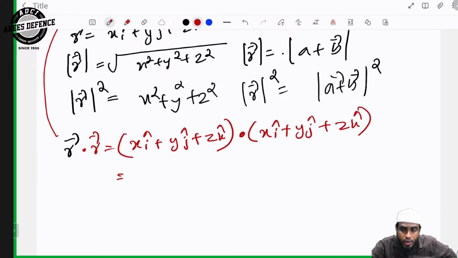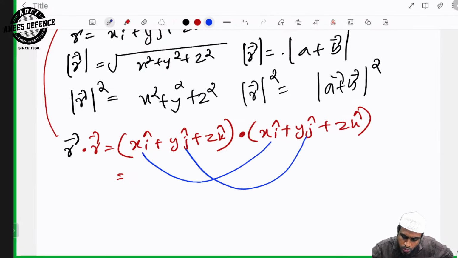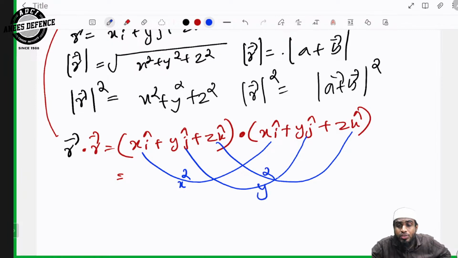Now we discussed the dot product. So i dot i is 1, i dot j, i dot k will be 0. So you need not do all the steps, just multiply these two. x into x, x square, i dot i is 1. y into y, y square, j dot j is 1. z into z, z square, k dot k is 1.